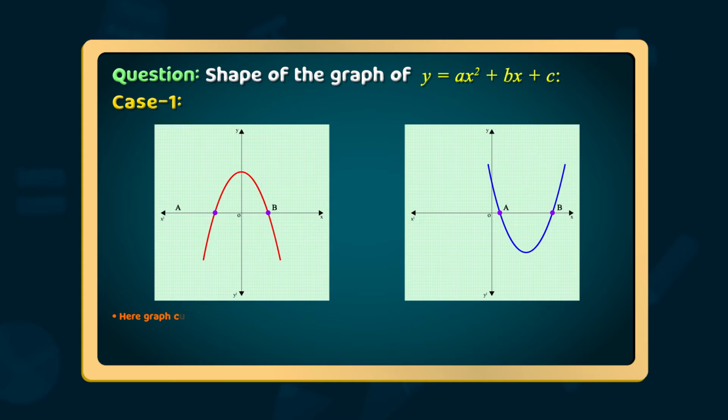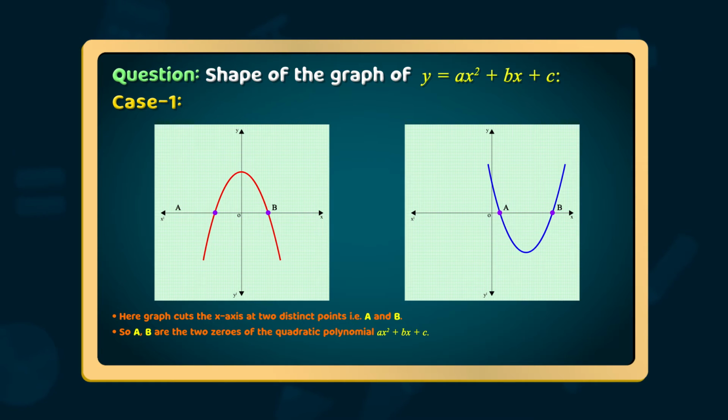Here the graph cuts the x-axis at two distinct points, that is A and B. Second point, A comma B are the two zeros of the quadratic polynomial ax square plus bx plus c.